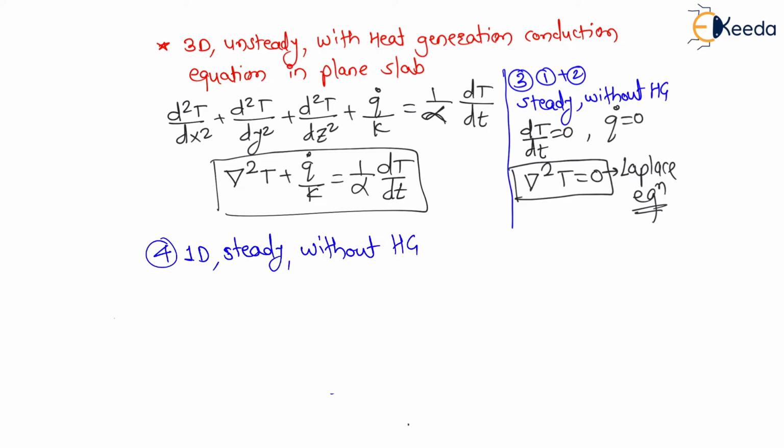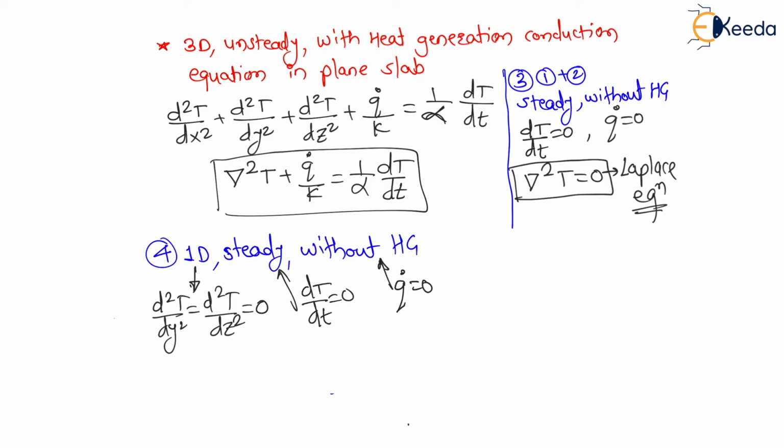Now my dear students, 1D means d2T/dy square is equal to d2T/dz square. This heat transfer along y and z direction will become 0, and here I am assuming the heat transfer is along only x direction. Steady means change in temperature with respect to time will be 0, and without heat generation means heat generation rate is 0.